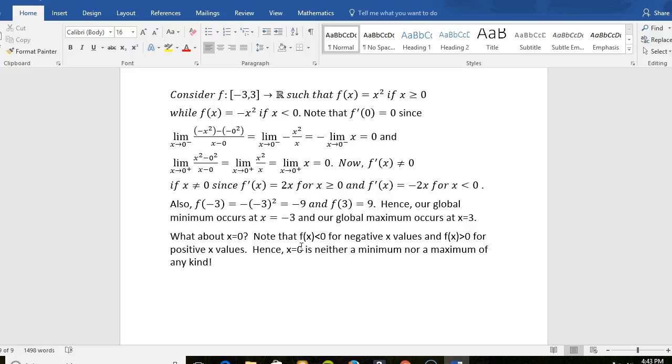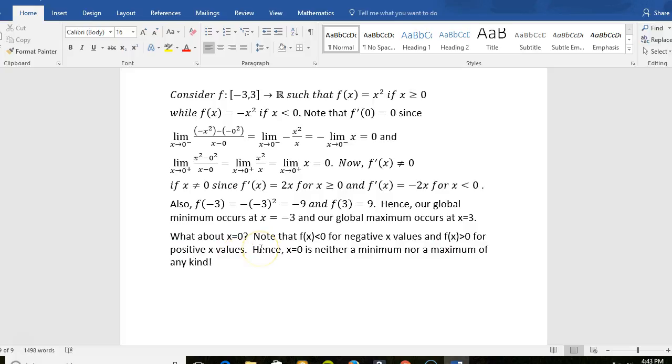We didn't have a min or max that occurred there. Note that f of x is negative for x values to the immediate left of x equals 0, and f of x is positive for x values to the immediate right of x equals 0. So x equals 0 is neither a min nor a max of any kind.